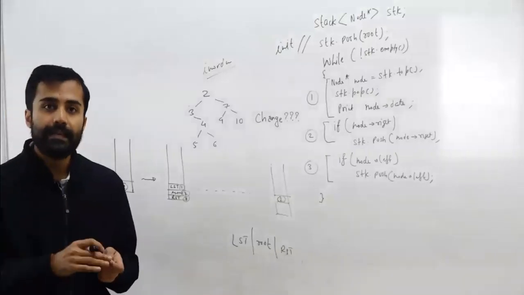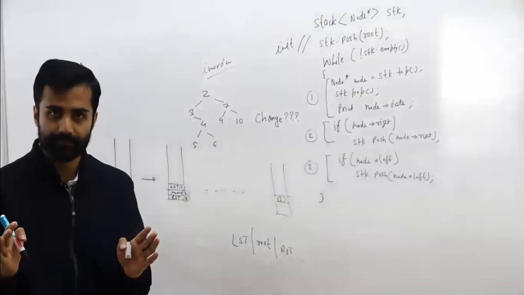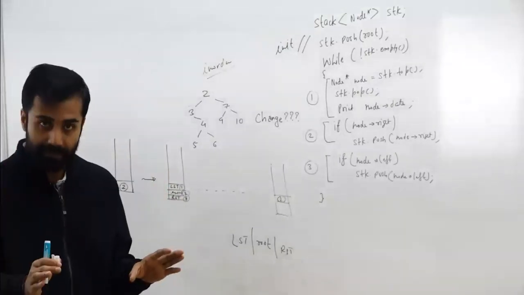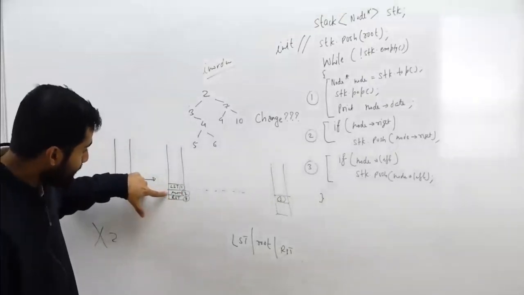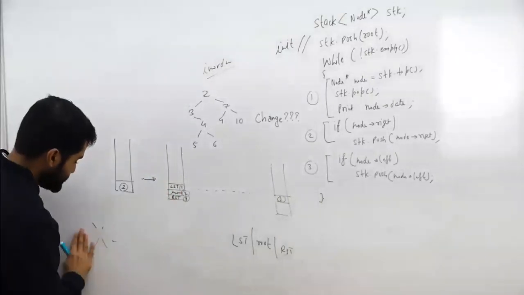So it means that whenever you are meeting a node for the first time, then you first push its right subtree, then push that node again, and then push the left subtree. So I'm writing it.